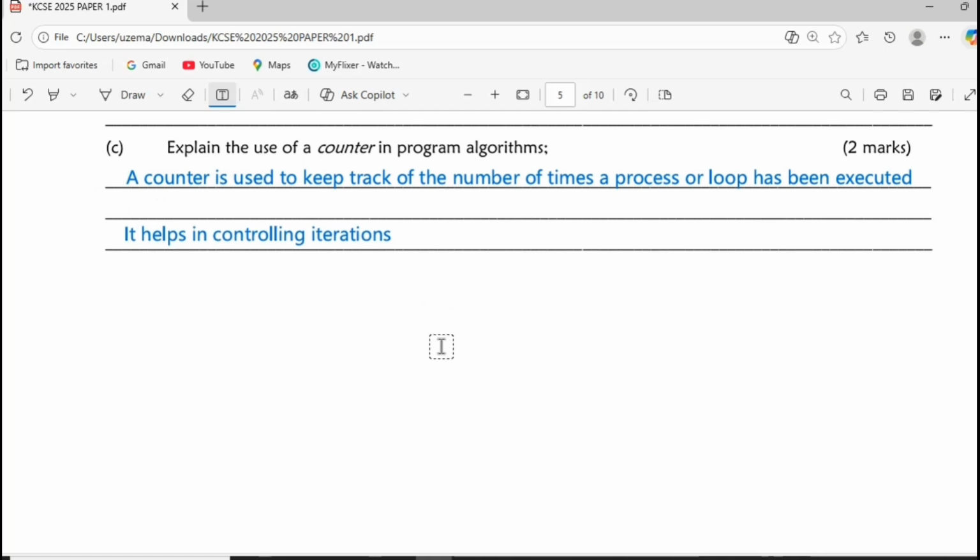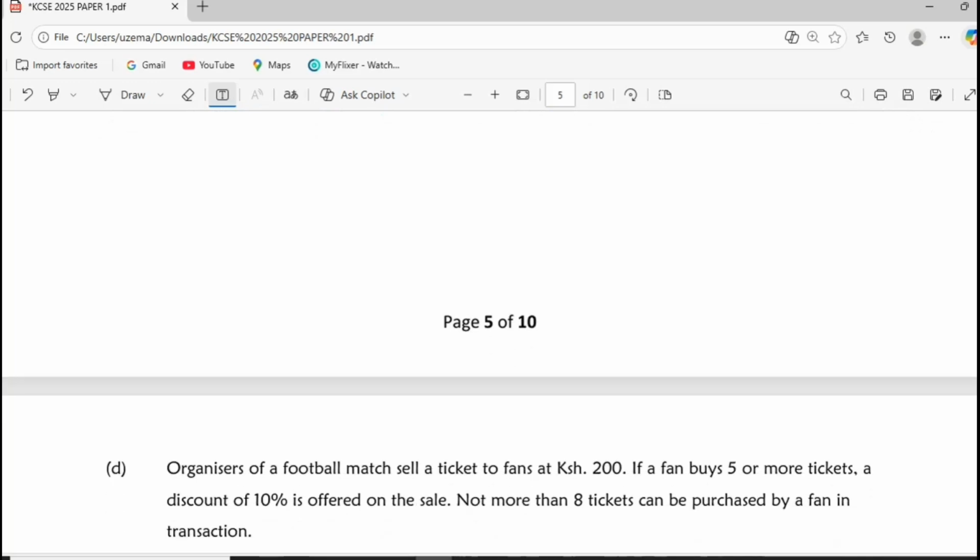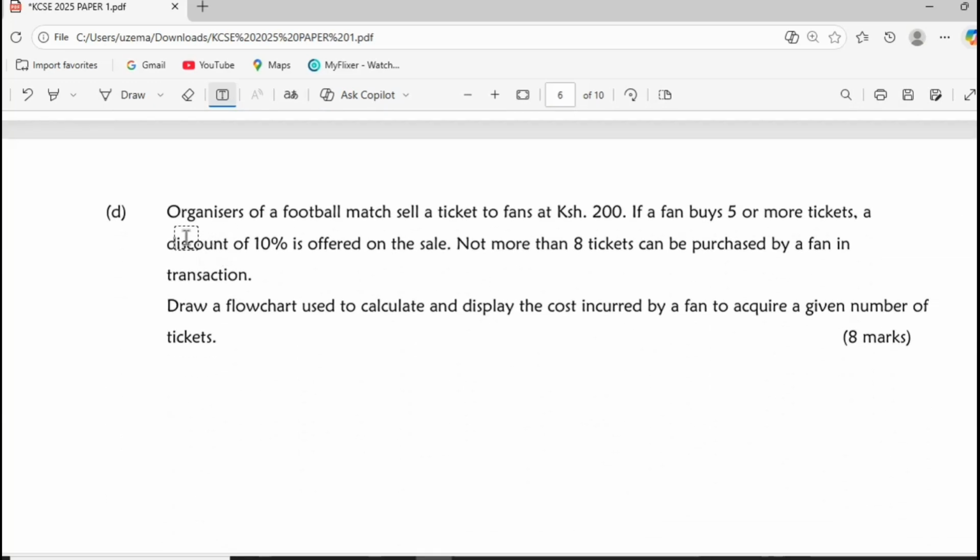That is the use. And 2, it also helps to control those repetitions, what we also call iterations. It controls and monitors the repetitions or iterations.